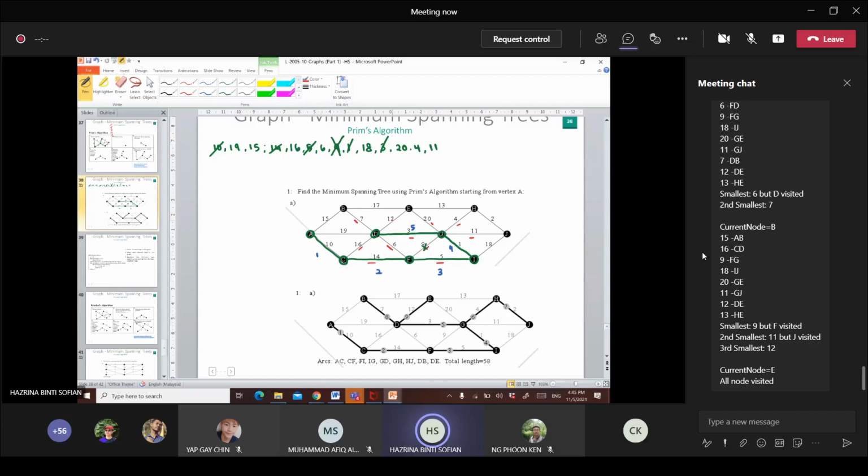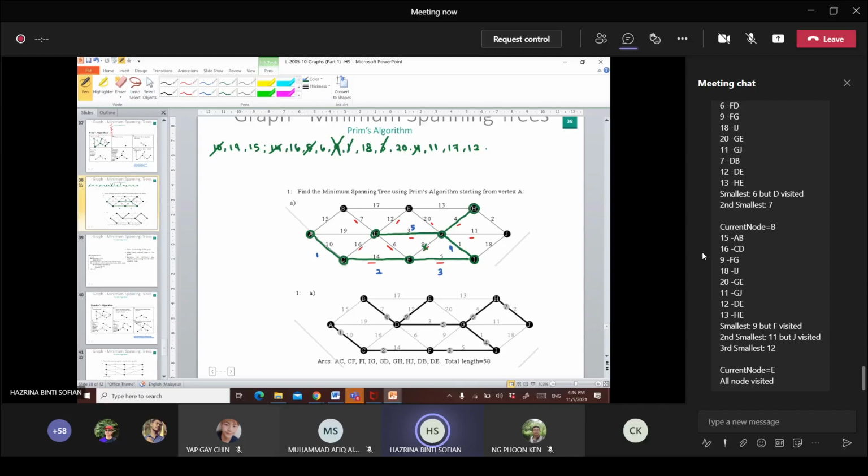The new choices that we have are 17 and 12. So we just write here 17 and 12. Okay, so we consider which one is the smallest. 4 is the smallest, right? So we traverse this.